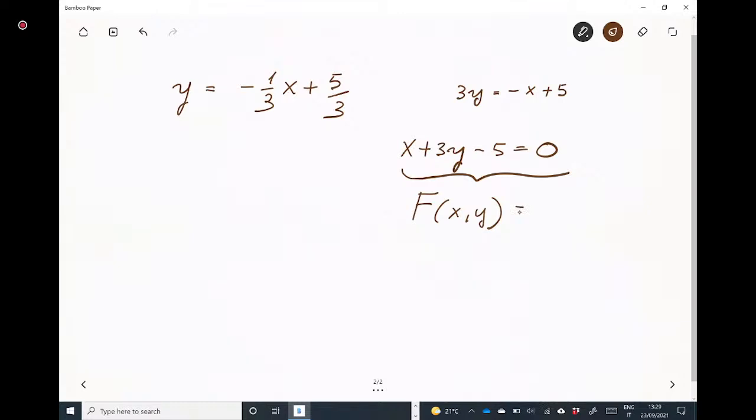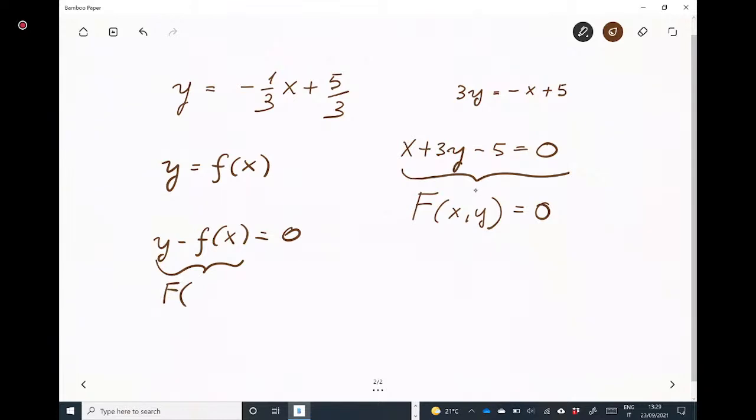The left-hand side is an expression that depends on 2 variables, equal to 0, okay? Instead, here we have y is equal to f of x. But y equal to f of x can be written also as y minus f of x equal to 0, right? So this is, in general, something that we can call capital F of xy, an expression that depends on 2 variables, okay?